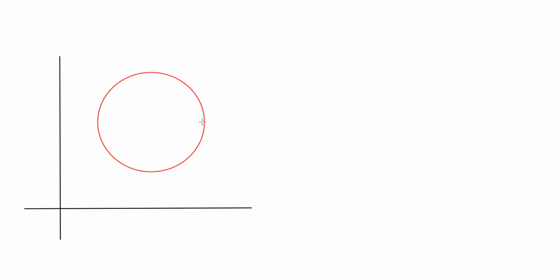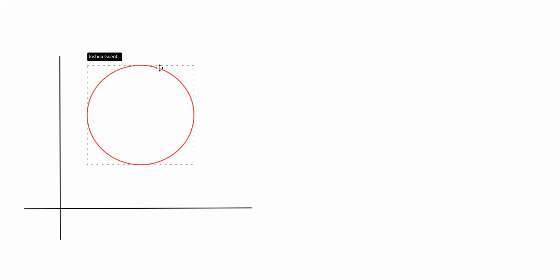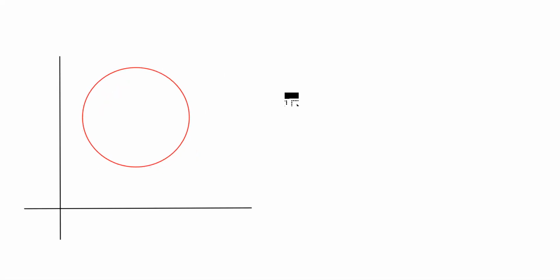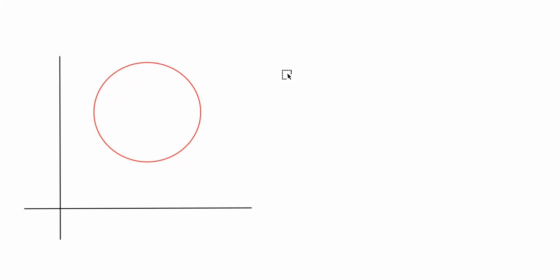Let's see if I can. Something like this. So we have a circle in the XY coordinate plane, and let's say that there was a point on it. Let's use a green dot. Let's say we had a point on the circle, and let's say that this was the point 3, 6.